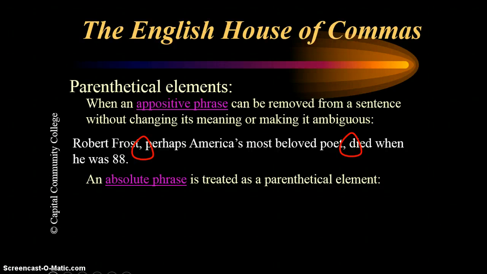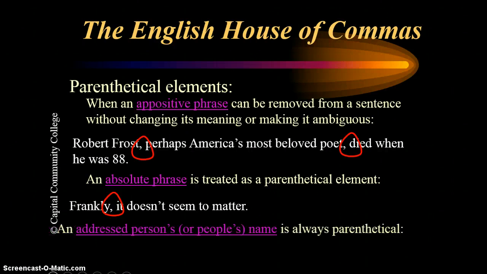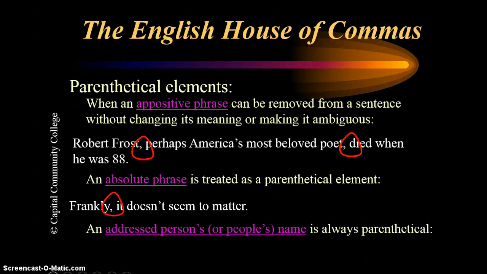An absolute phrase, and this has a parenthetical element. Here's an example of one. Frankly, it doesn't seem to matter. That frankly, as your introductory word, needs a parenthetical element after it. If you are addressing someone, a person or people in the middle of a sentence, that's going to have commas around it too because it is parenthetical.